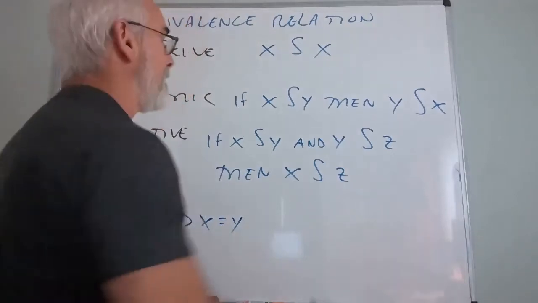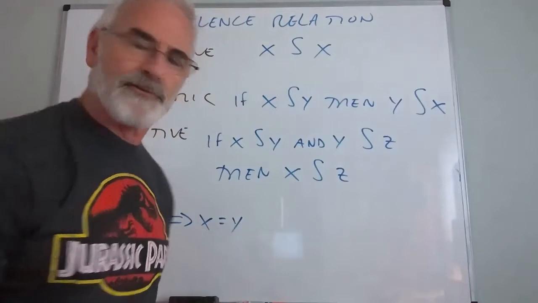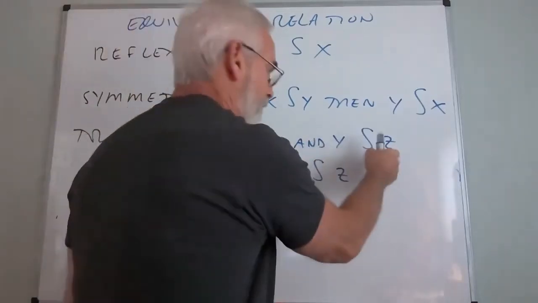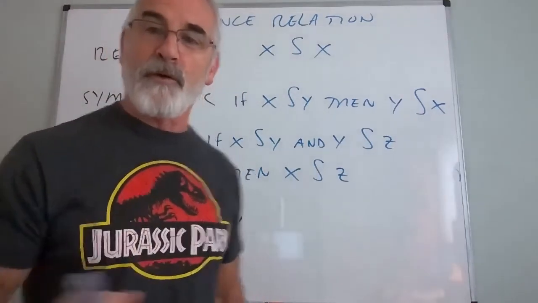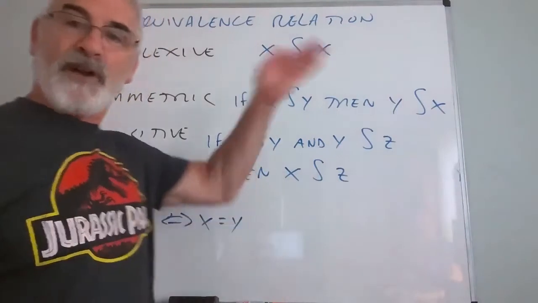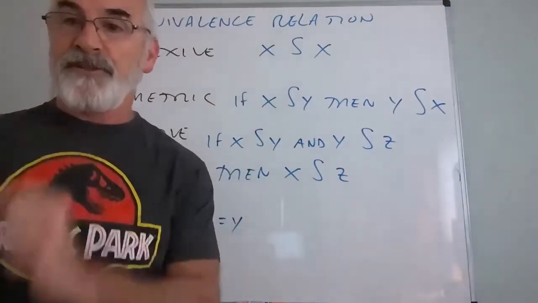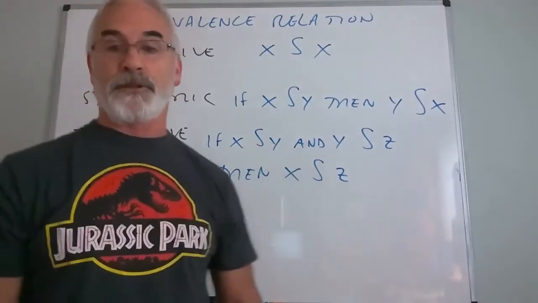Yes, it does. If X equals Y, then Y equals X. Pretty sure that's also true. If X equals Y and Y equals Z, does X equal Z? Yep. So therefore, the equals relation satisfies all three. When a relation satisfies all three of these, then it is called an equivalence relation.